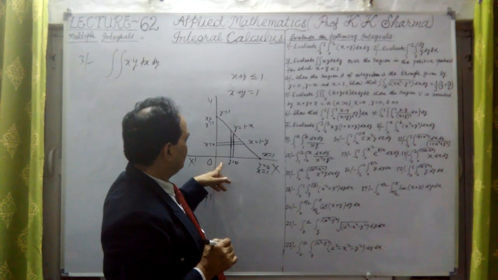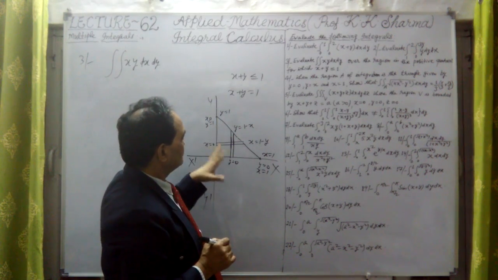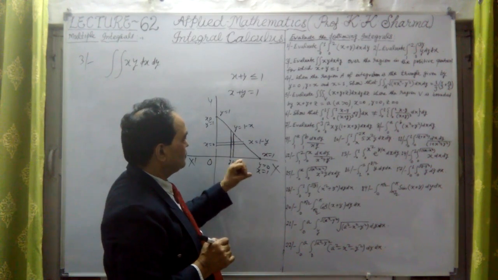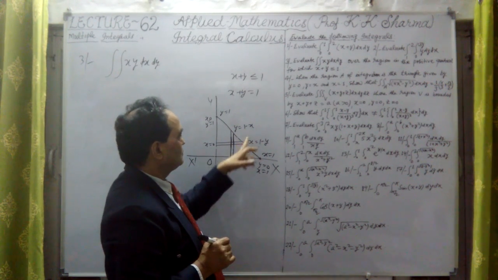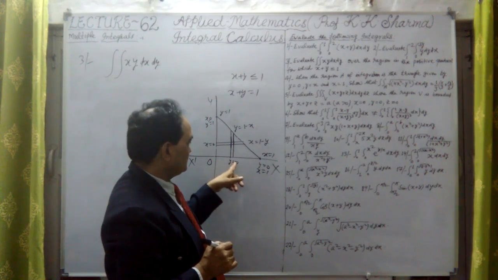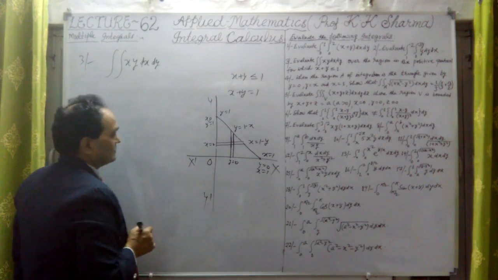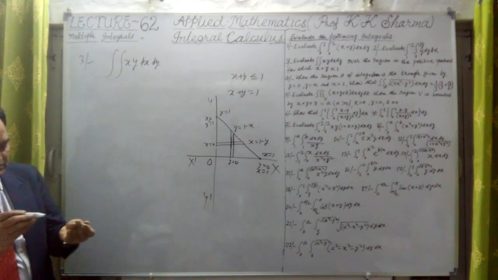So we can take the limits here, y equal to 0, and here y equal to 1. So limits can be 0 to 1, or if it is x equal to 0, then y equal to 1, and at y equal to 0 in this case. The limits you can write as 0 to 1 or 0 to 1. Okay, this is what we have taken.